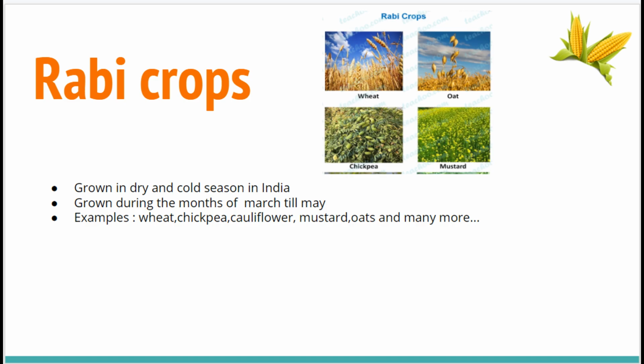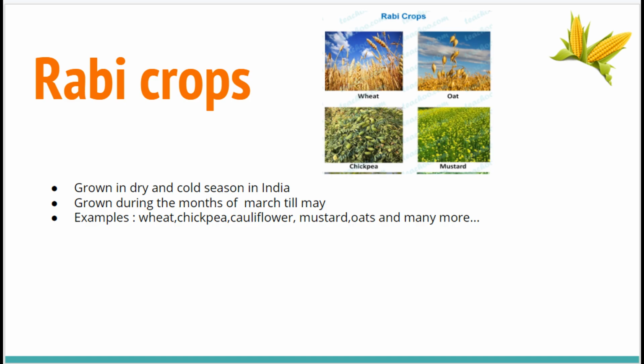That's why they are grown under this criteria. So students, it is very much clear that kharif crops and rabi crops are totally different. They are grown in their seasons to get the production.